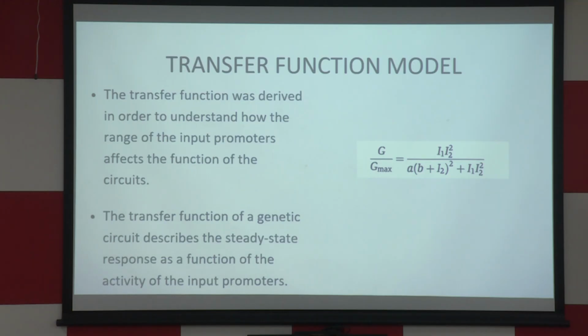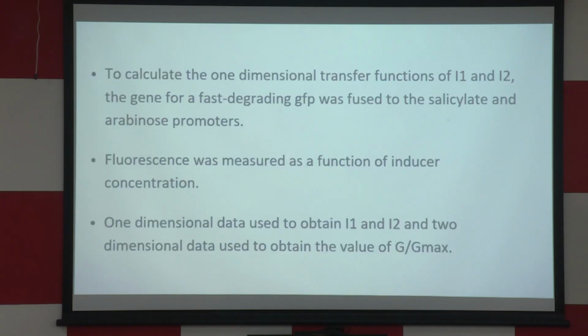they used different methods, one component and double component, to calculate these values. I think for A they got 50 plus or minus 30, and for B they got 1000. It didn't clearly mention what those parameters are for and how they are affecting the circuit. To calculate, they used one-dimensional data for I1 and I2, and fluorescence measured as a function of inducer concentration.